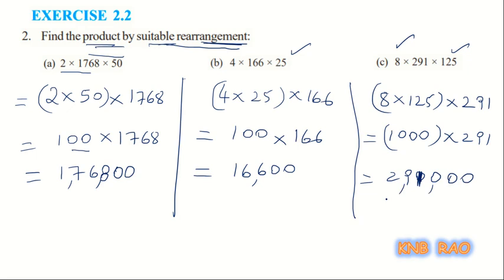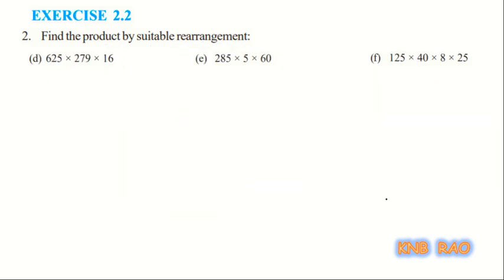I hope you understood. In question number 2, we have 3 more questions, that is D, E, F. So I expect from you recognizing which numbers amongst these multiplicands to be multiplied first. Will you multiply 625 and 279?